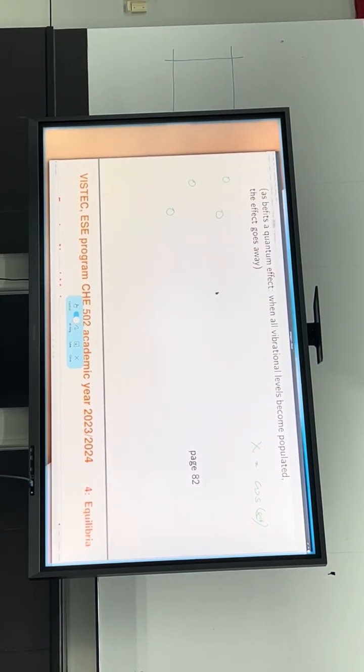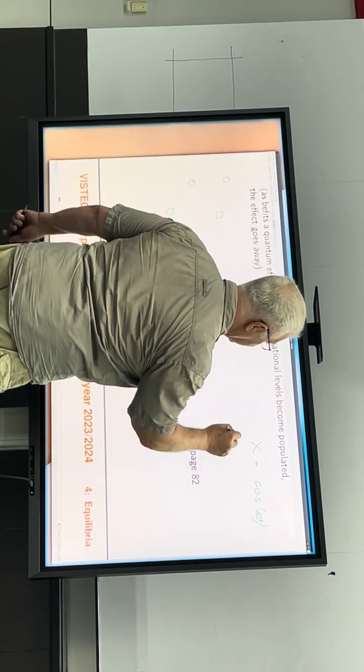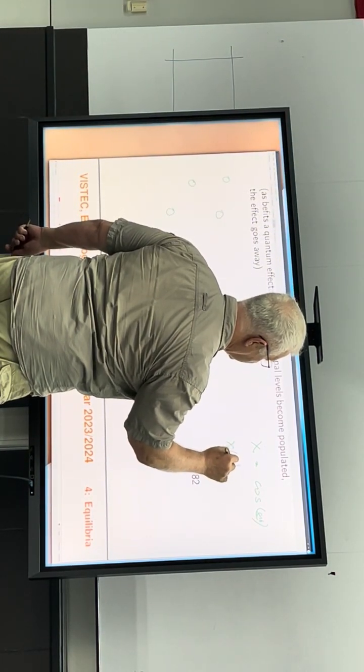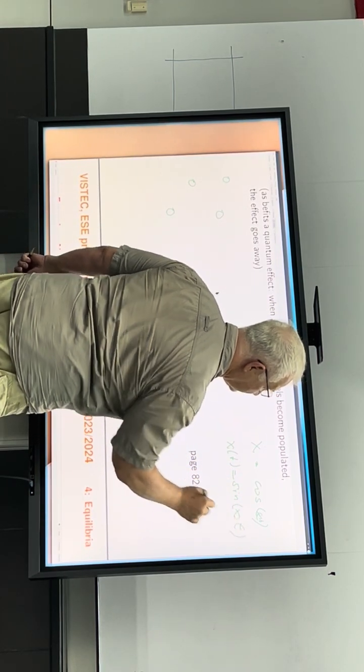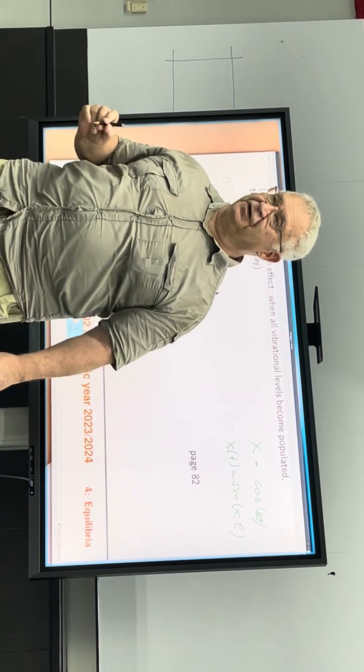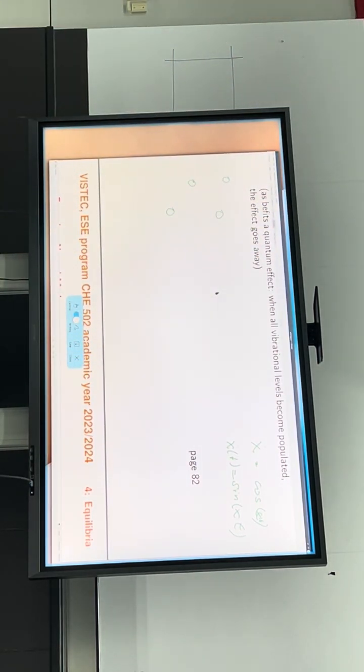Which function has a derivative cosine? Sine. Okay, so x of t equal sine xt is a solution of the differential equation. Is that the only solution? No. What other solutions are there?